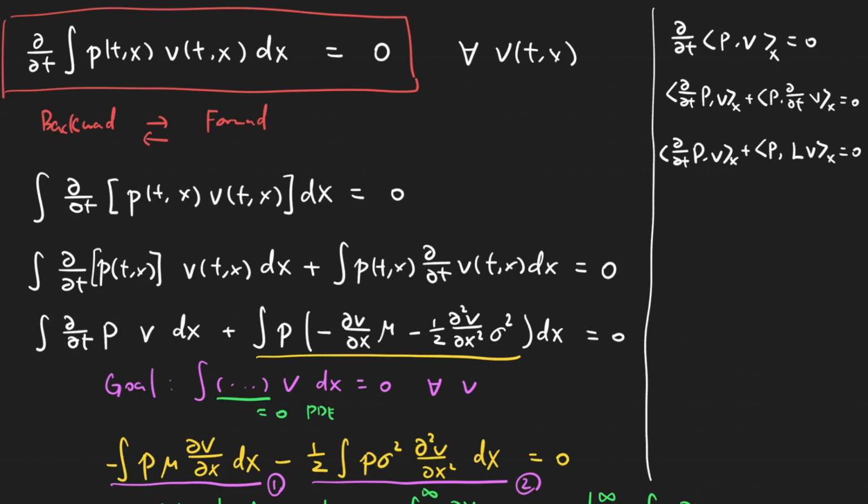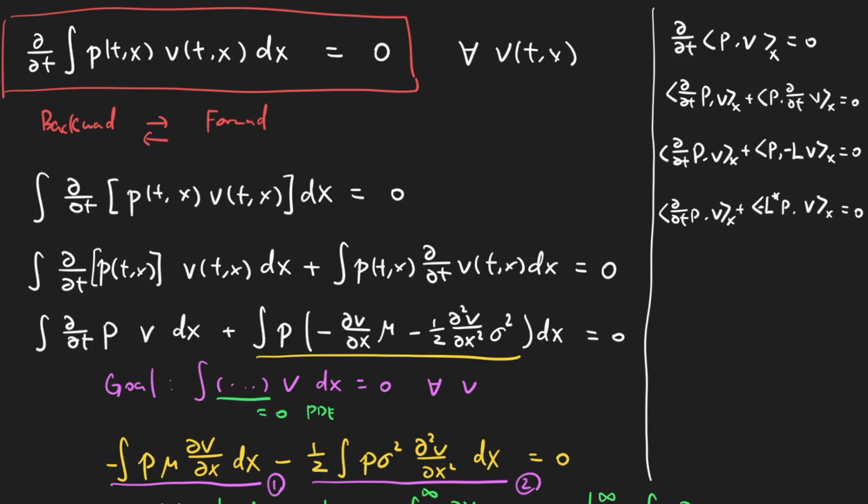Then we can use the adjoint operator on the second term. That will become L star acting on p, inner product with v. And then we'll copy the first term. Okay, now we can combine the terms.